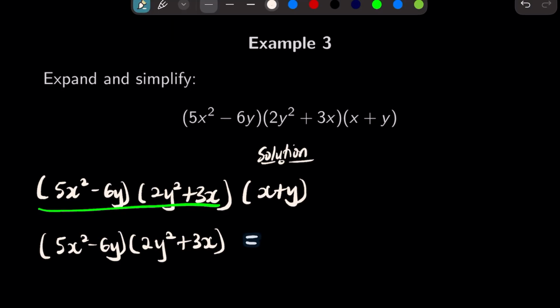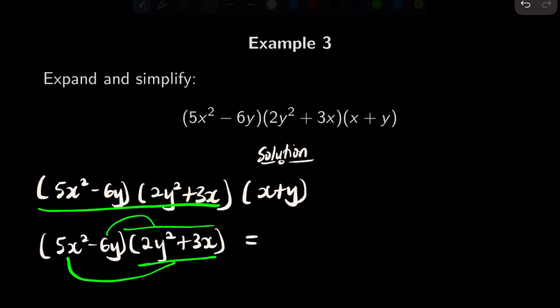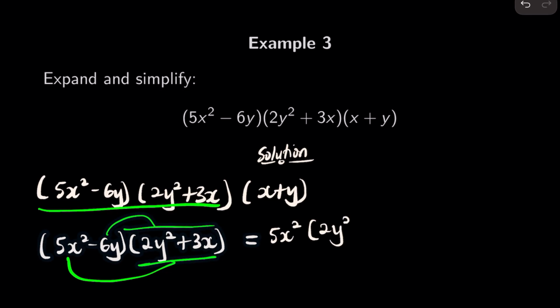So here, as we've done in the first two examples, this guy is going to multiply this. Likewise, this will also multiply that, right? And so we are going to have 5x squared multiplying 2y squared plus 3x, and then minus 6y multiplying 2y squared plus 3x.